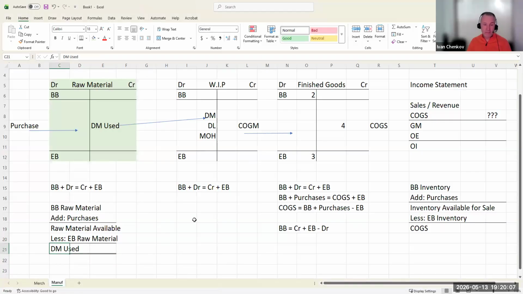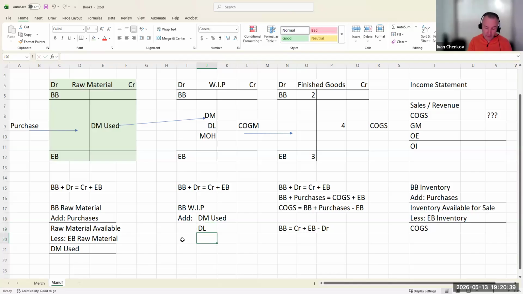What else do I have to get now? I have to come here and start finding what else I need to get this cost of goods manufactured. Well, obviously, we need the beginning balance of the work in process. Then I have to add, first, direct material used. Then direct labor.